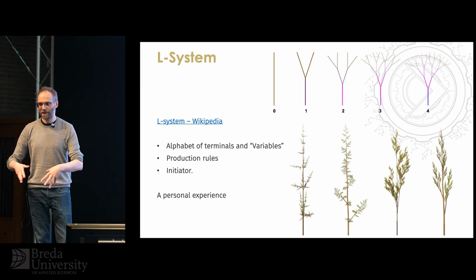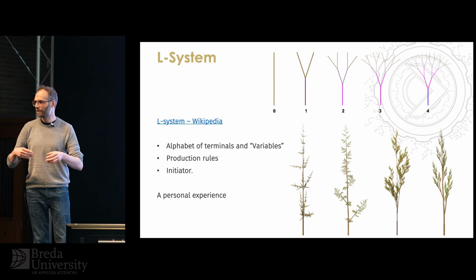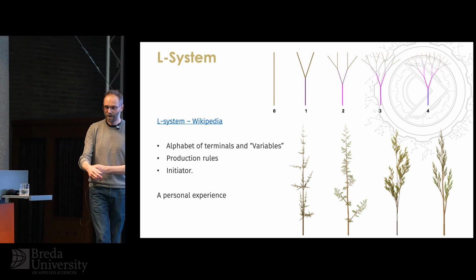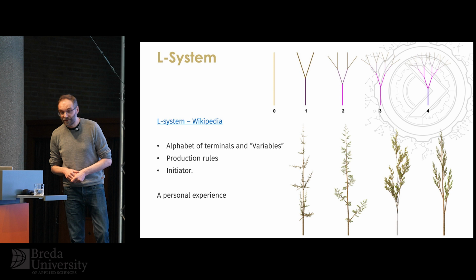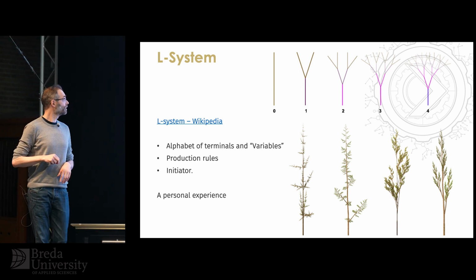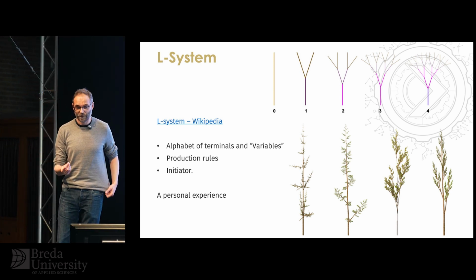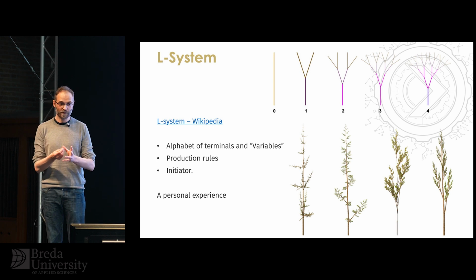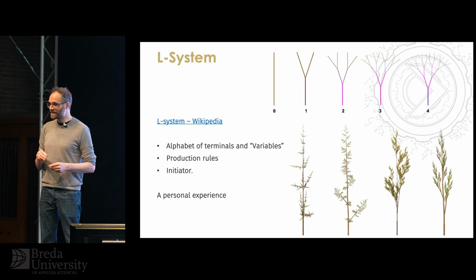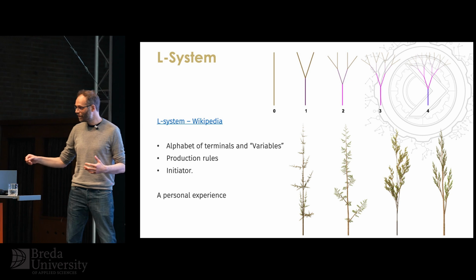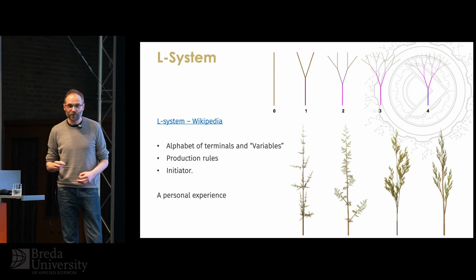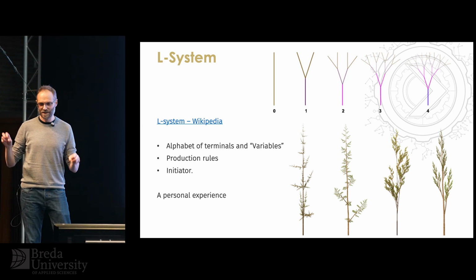By using the projection rules multiple times, you can produce very complex things. And there is also an initiator, the first element you put in the system. An L-system is very interesting for producing grass-like things.